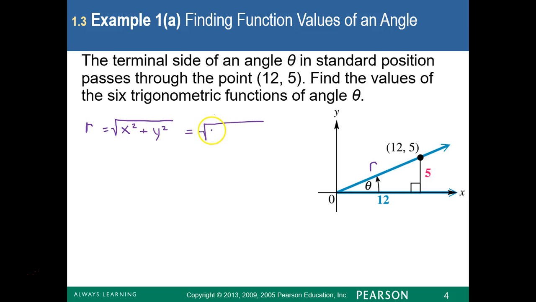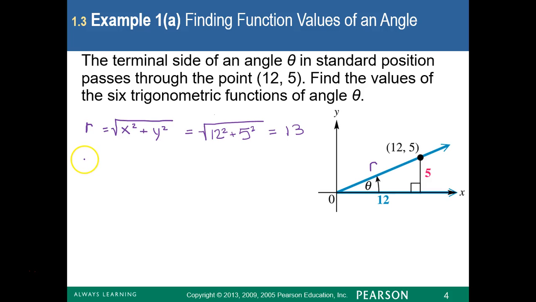So plug in x, which is 12, square it, plus 5 squared, and this is equal to the square root of 169, which is equal to 13. So now you have r equals 13, x equals 12, and y equals 5.